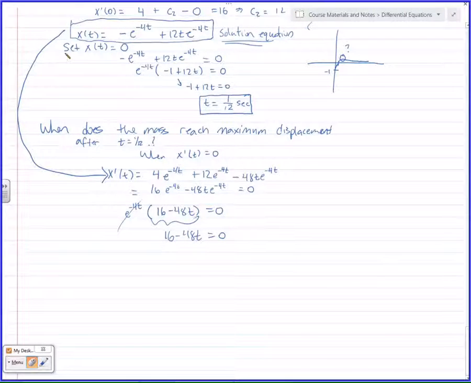And then I use that to answer the first question, which was, when does it cross the equilibrium? Second question is, when does it reach maximum displacement? That's as far as it goes before it starts coming back, where the derivative is 0, where it's horizontal. Same way you find maximums in Cal 1. Set the first derivative equal to 0. So t is 1/3 of a second.